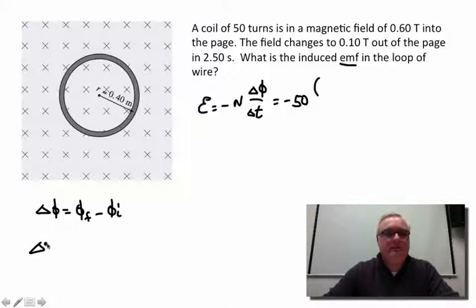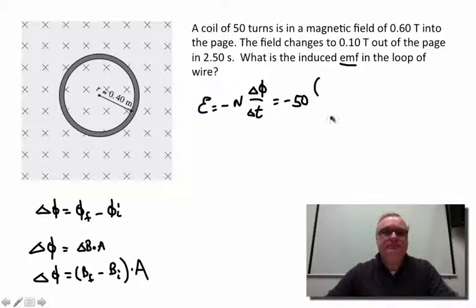In this case, what's actually changing is the magnetic field, and the area itself remains constant. So what we are looking at is the final magnetic field minus the initial magnetic field multiplied by the area.